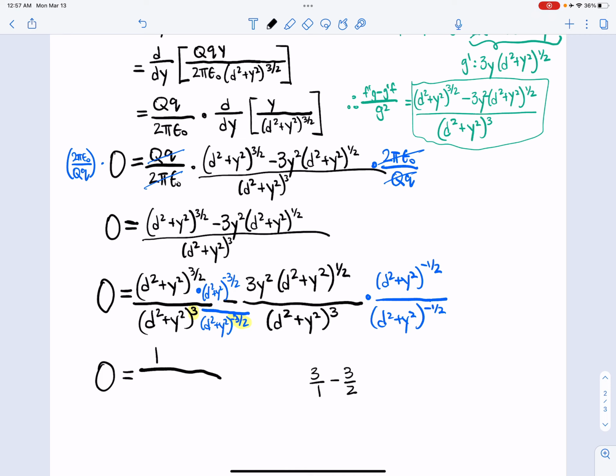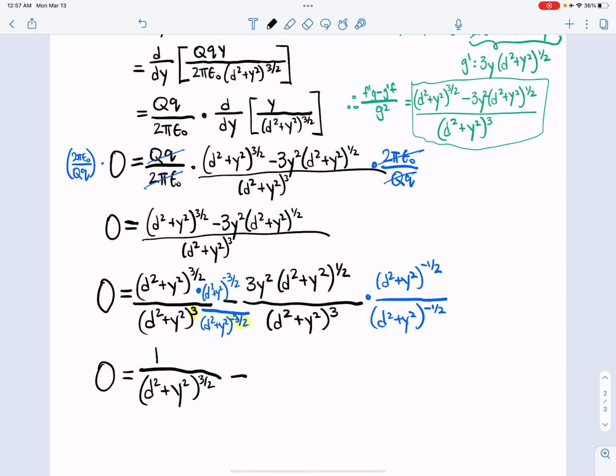That will be 6 over 2 minus 3 over 2. So that will be 6 minus 3. That's still 3 over 2. Okay, yeah. So that will still be 3 over 2. So 1 over d squared plus y squared to the power of 3 over 2. Okay. Sorry, I got confused there.